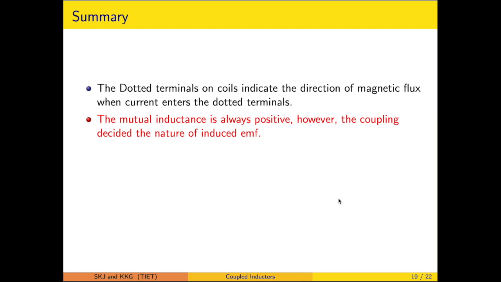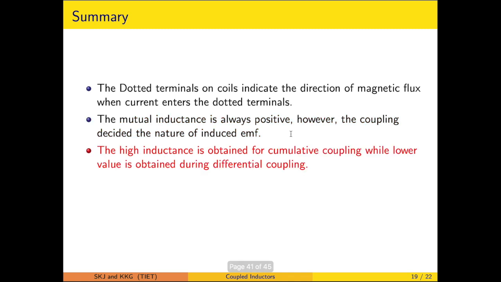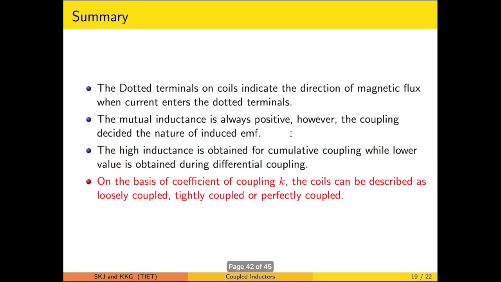However, the induced voltage is decided by the nature of the coupling, or you can say how those coils are wound physically. The high inductance is obtained for the cumulative coupling, whether it is a series connection or the parallel arrangement, whereas the lower value results during the differential coupling.